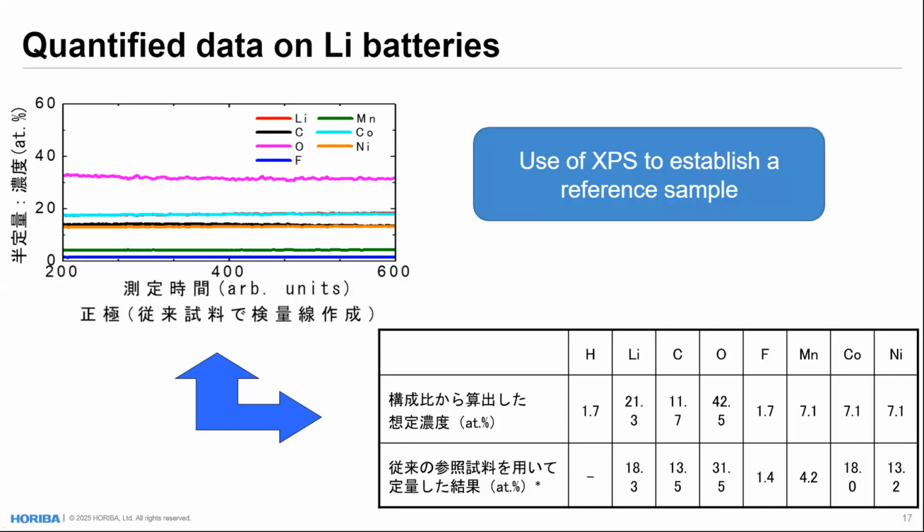The top row is cathode and the lower row is anode. And we were able to quantify the composition of the anode and the cathode in lithium-ion battery electrodes.